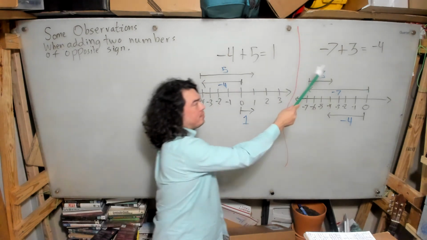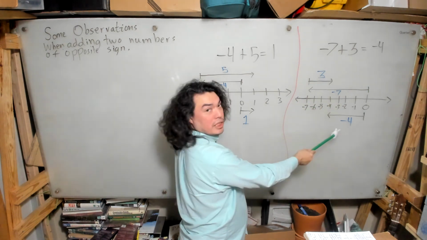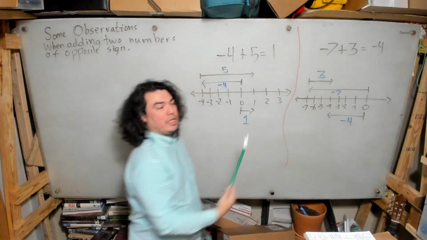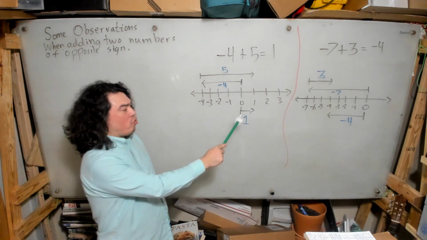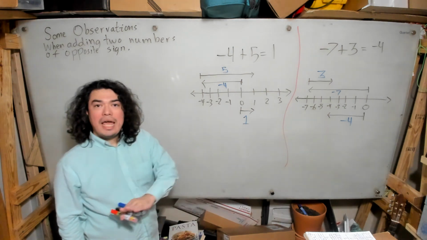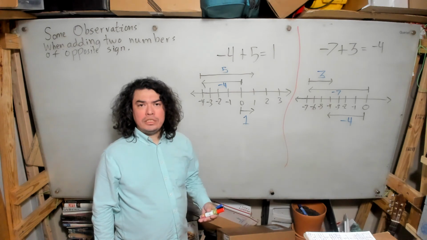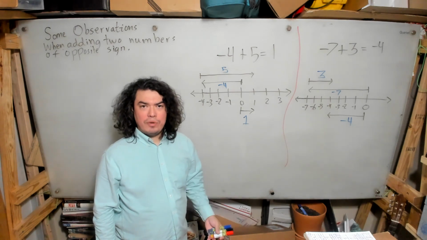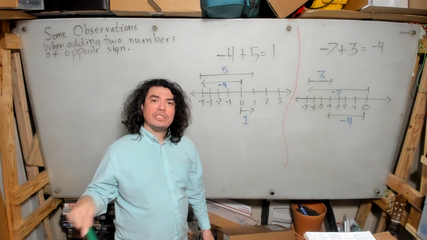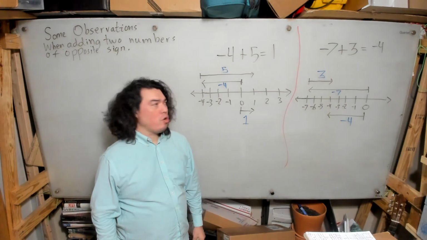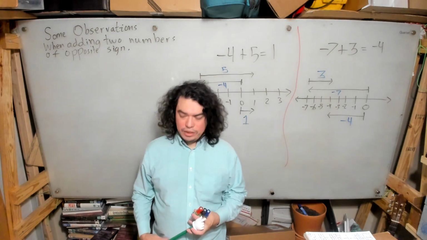And in this case, it was the negative 7 that had the arrow representing it which was longer, and so the sum was negative. In other words, it was going to the left, had the direction to the left. And the length of the arrow representing the sum in both cases was the difference of the lengths of the arrows that represented the numbers being added, where the smaller length was subtracted from the bigger length. Okay? So now I'm going to write a verbal description of that, and then we will proceed.